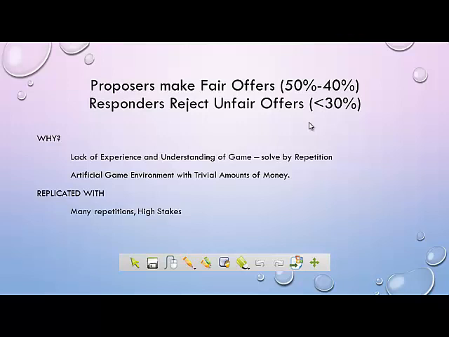When these results were obtained by behavioral economists and psychologists, economists refused to believe these results. And they had lots of objections. They said that people don't have experience, people don't understand what's going on, and that if the game is repeated, things would change. So experimental economists tried to overcome these objections.